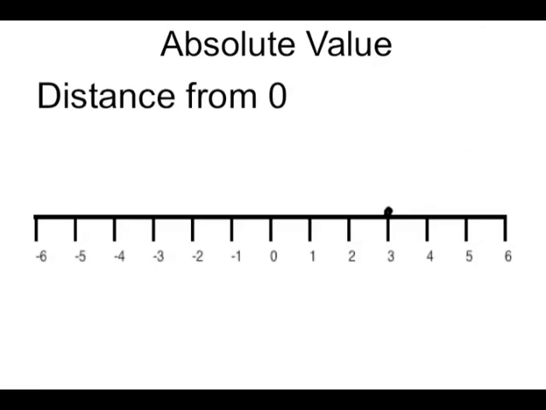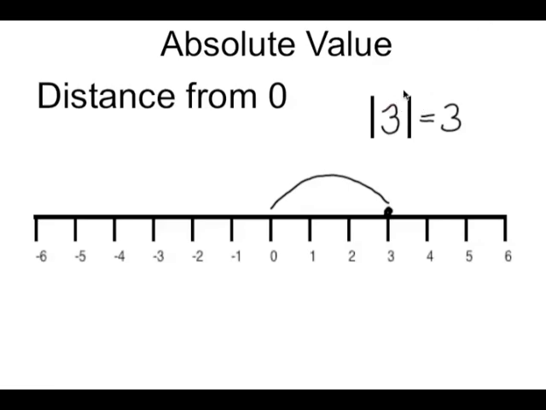Absolute value is indicated by a set of parallel lines. So this notation means absolute value of 3, and its value is equal to 3 because 3 is 3 units away from 0.